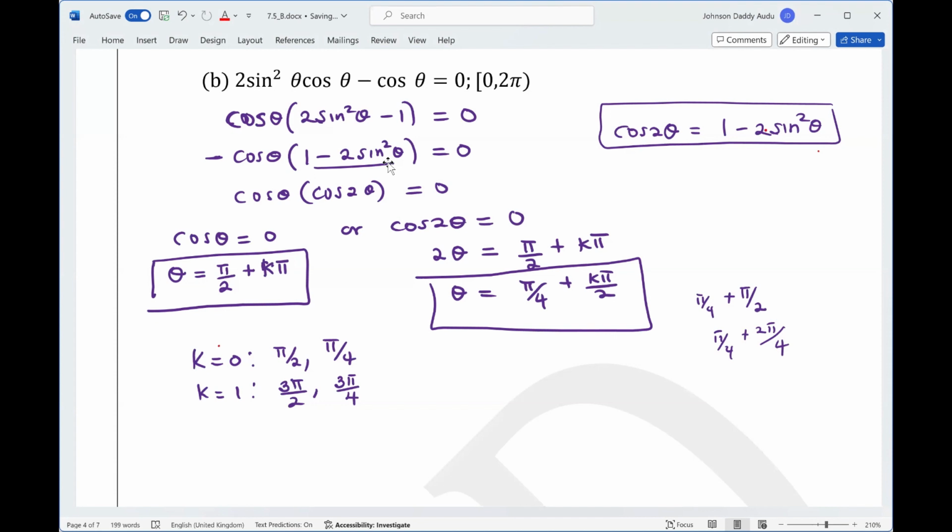If we take k to be 2, this will not happen. It will be much more. And here, if you take k to be 2, 2 will cancel 2, so you will just have pi, and that will give us 5 pi over 4.